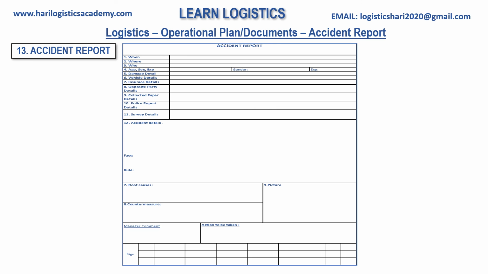For that there is a base document which the supervisor or the person in charge where the incident took place has to prepare. This is also a sample format only. This need not be the same which you have to prepare. You can have your own format based on your goods handling and your own company's requirements.